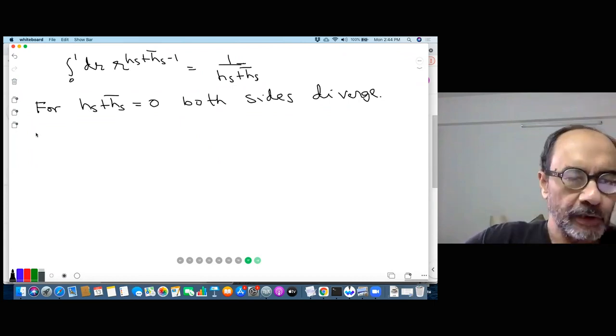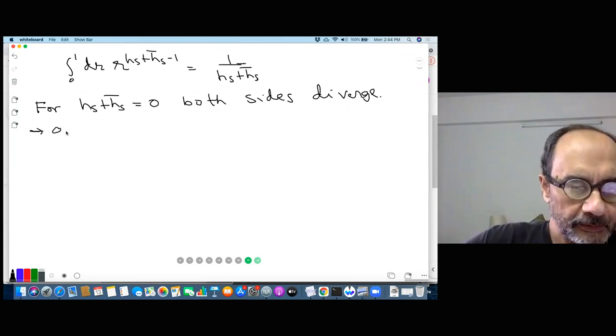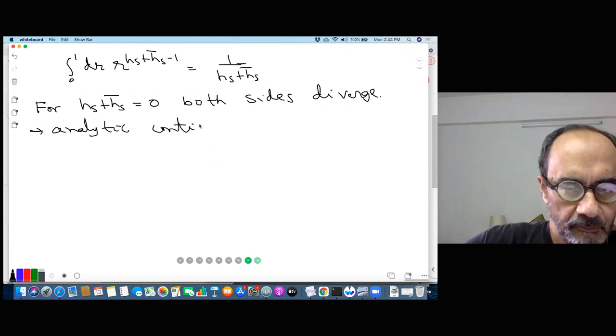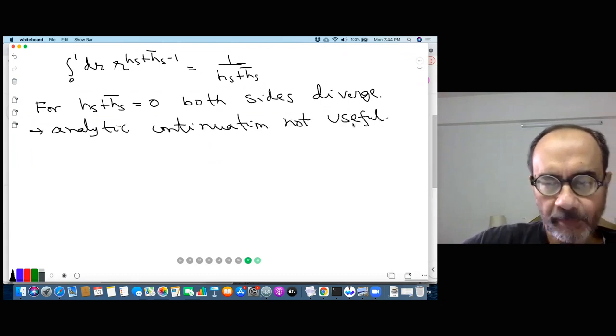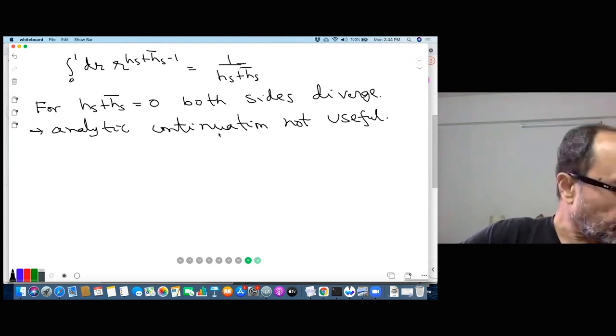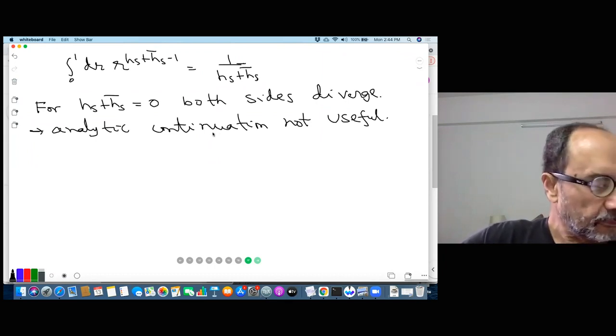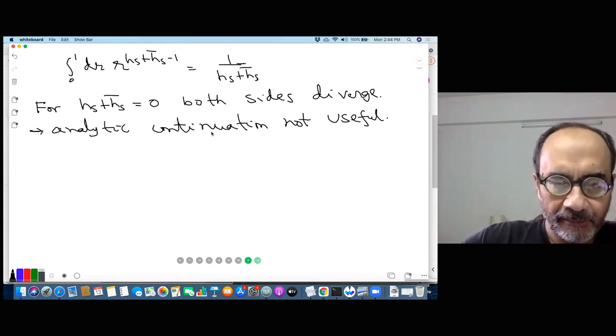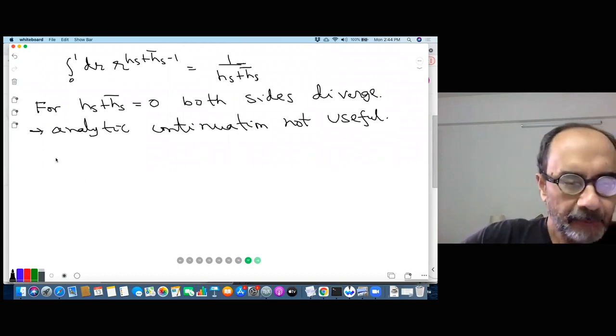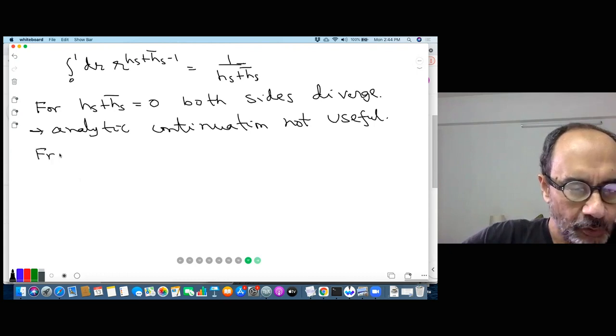Here analytic continuation is not helpful, because it actually diverges. So here you don't know what to do from the worldsheet perspective. You will just run into a divergence and then you are stuck. But from the Feynman diagram perspective, you can see what's going on.